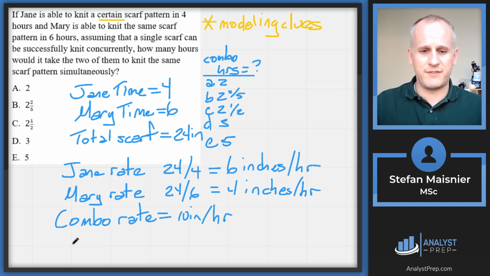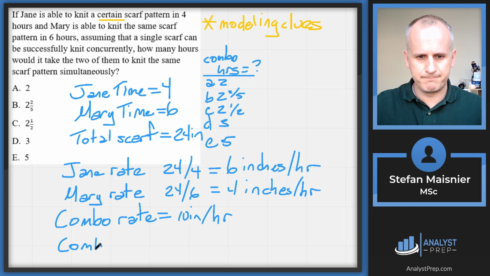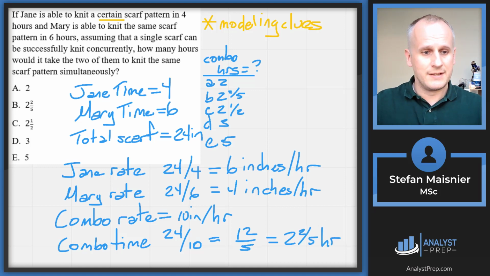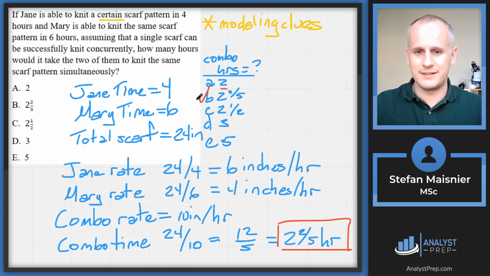Which means we can find the combo time by taking the total inches of 24 and dividing it by the combined rate of 10 inches per hour, which, if we simplify that down, is going to end up being 12 over 5, which is equal to 2 2/5 of an hour. Now, is this the only way to solve it? Absolutely not, but it is certainly one way to easily and simply get to choice B.